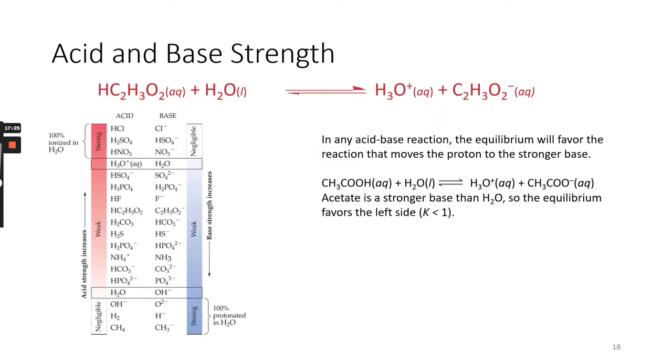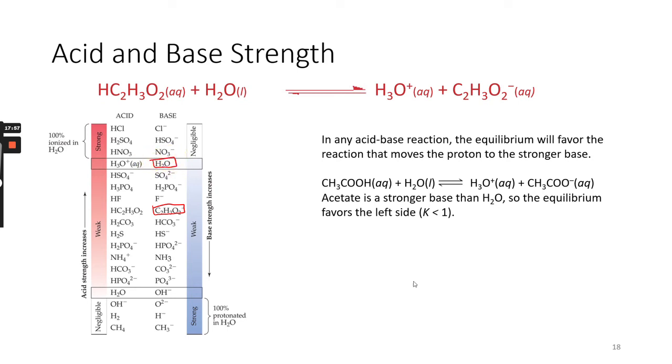Let's take this example here. In an acid-base reaction, remember, the equilibrium will favor the reaction that moves the proton to the stronger base. So in this reaction here, which is the same as up here, just written differently, it's acetic acid plus water yields hydronium plus acetate. Let's find acetate on here, and let's find water. Those are our two bases.